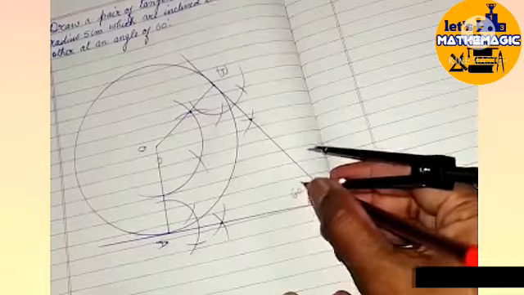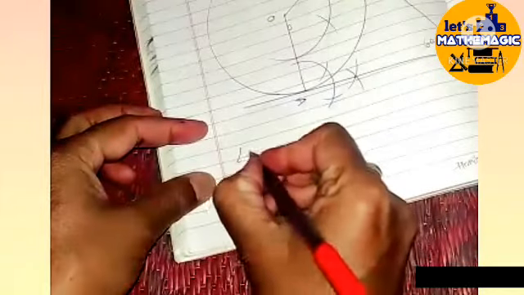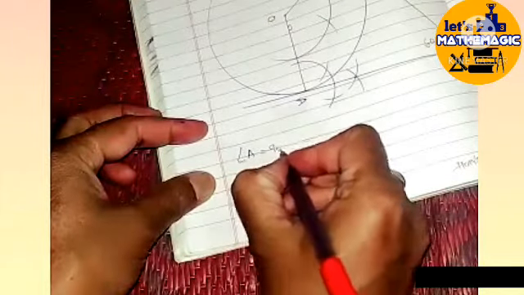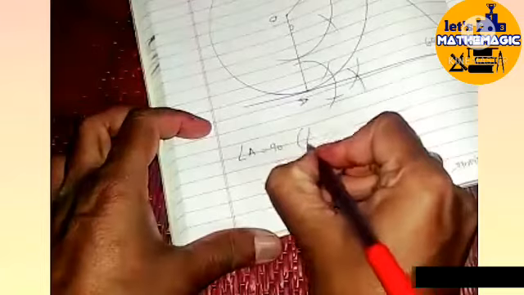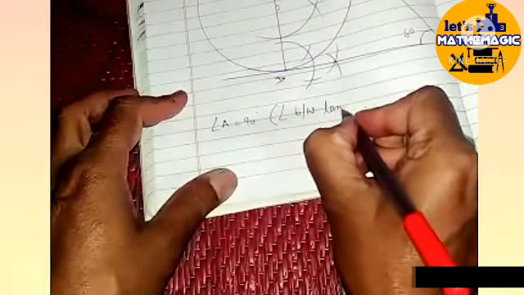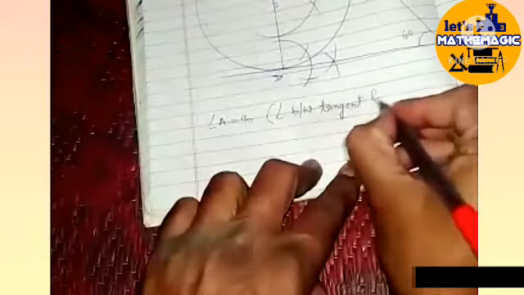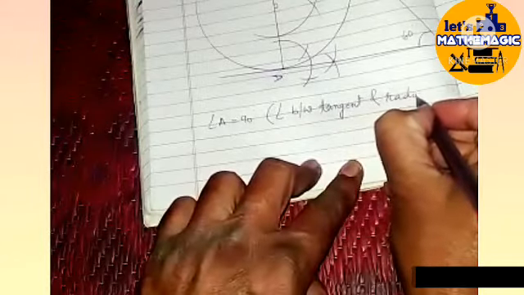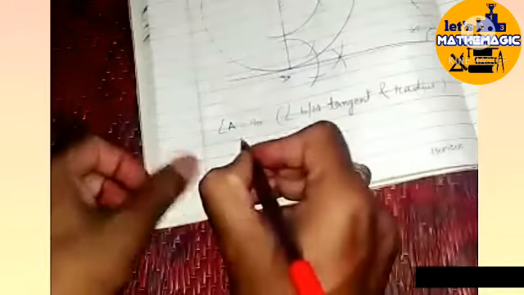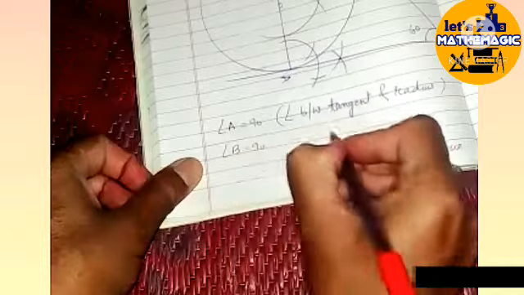Why is it so? Let us see why. See here, angle A is equal to 90 degrees, the angle between tangent and radius. Similarly, angle B will also be 90 degrees, for the same reason.